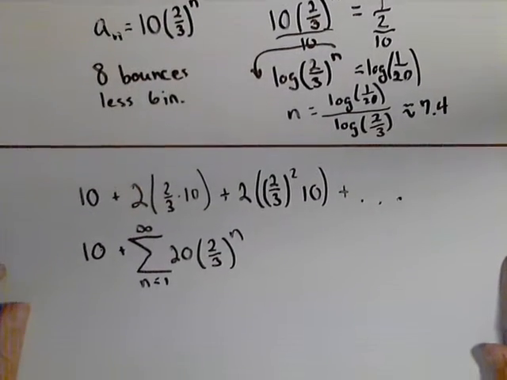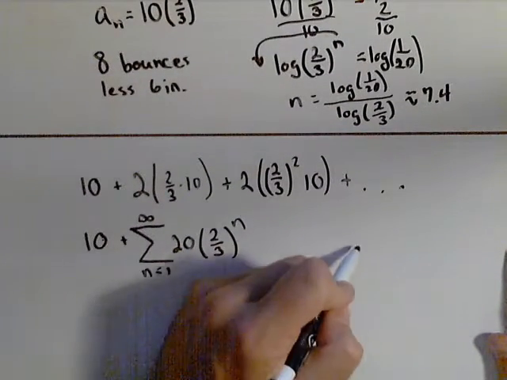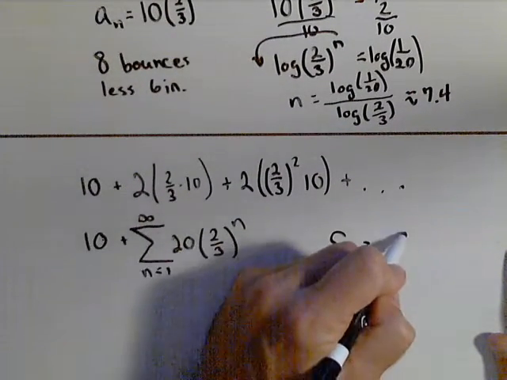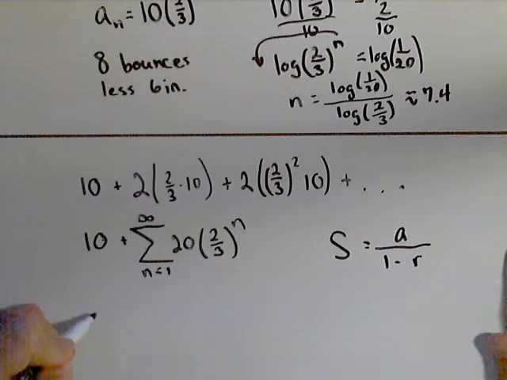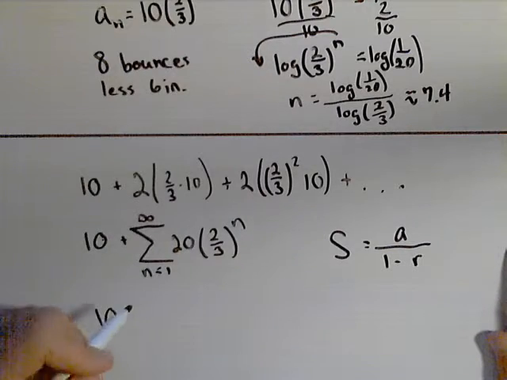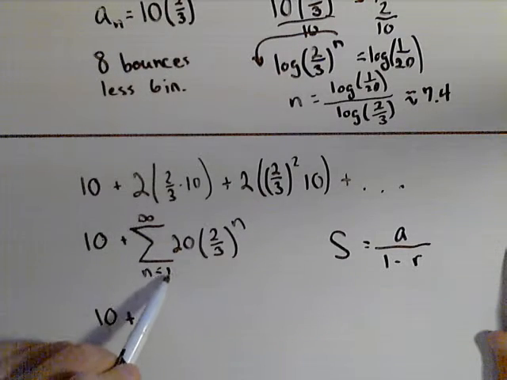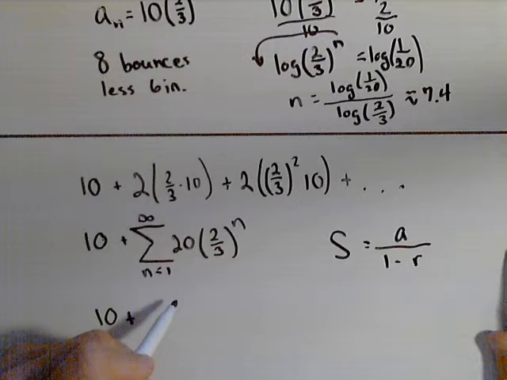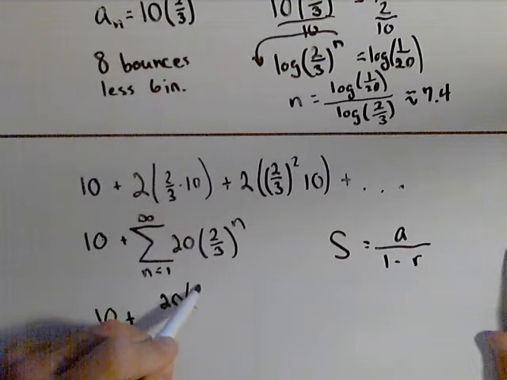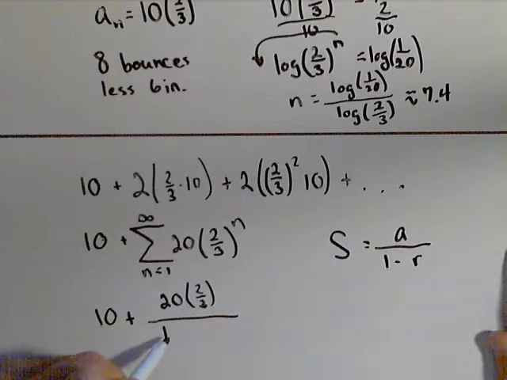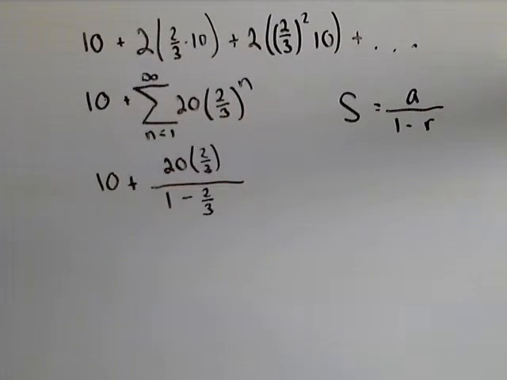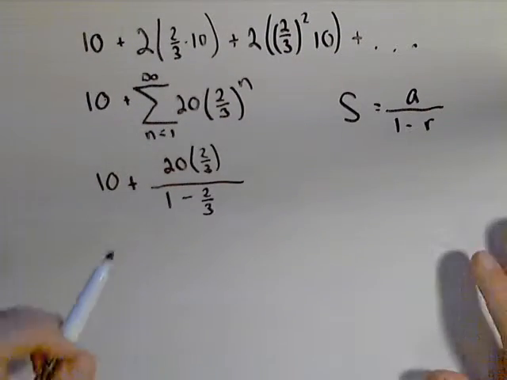Well, we can do the sum of an infinite geometric series. Remember that the sum is equal to the first term over 1 minus the common ratio. So our total distance traveled will be 10 plus the first term. If I plug in 1, I get 20 times 2/3, all over 1 minus our common ratio of 2/3. Now we don't really need that one anymore. We know we're doing the total distance traveled.